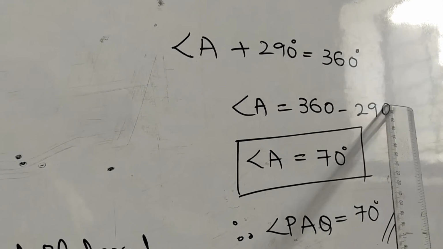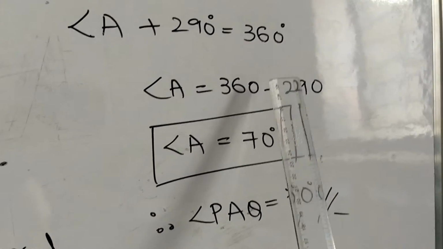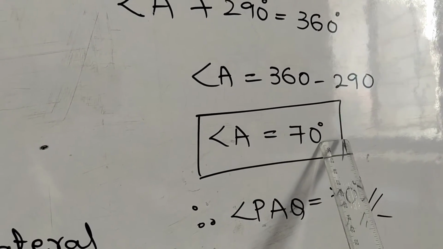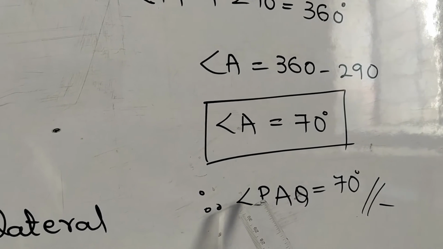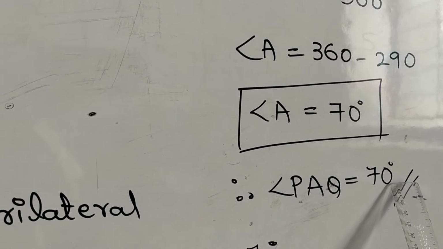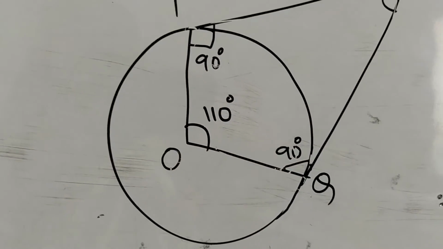Take this 290 this side, it will become minus 290. So 360 minus 290 is 70. Therefore angle A is 70 degrees. Hence we can write angle PAQ is equal to 70 degrees. Like this, the angle PAQ is 70 degrees.